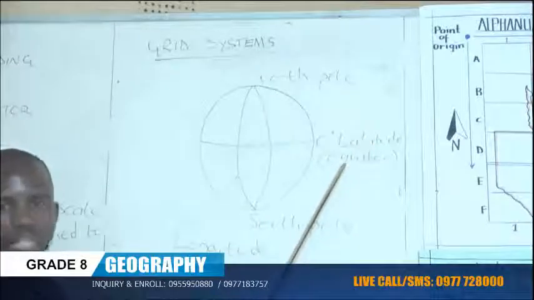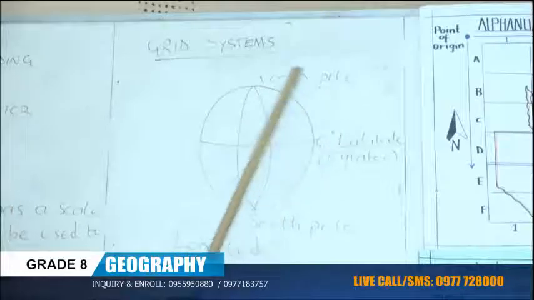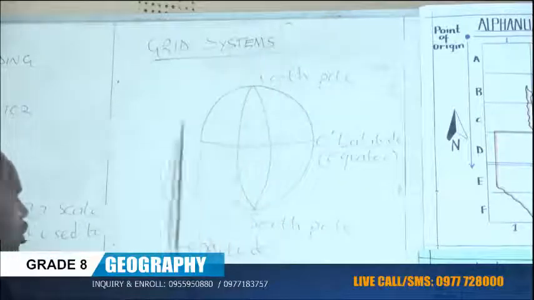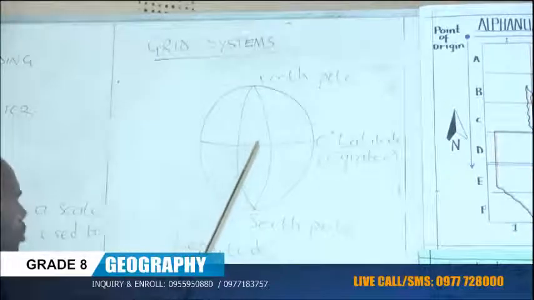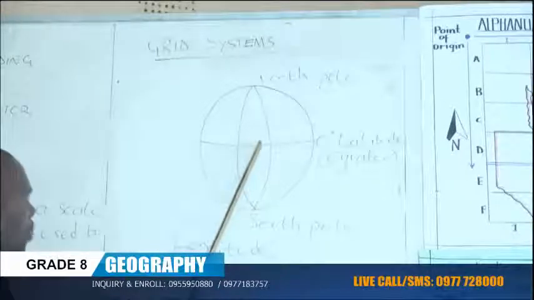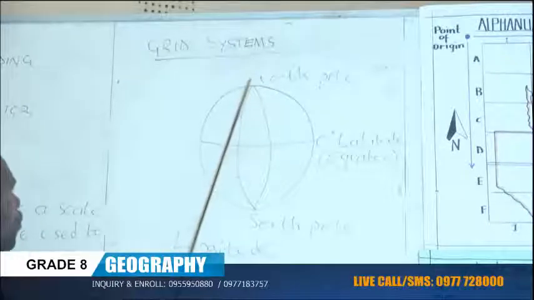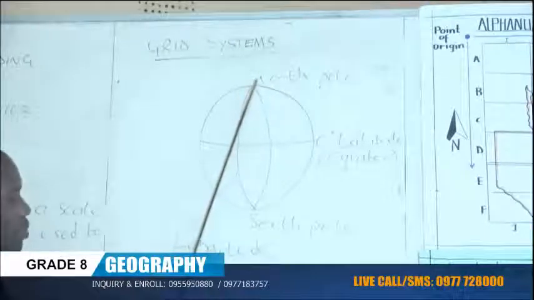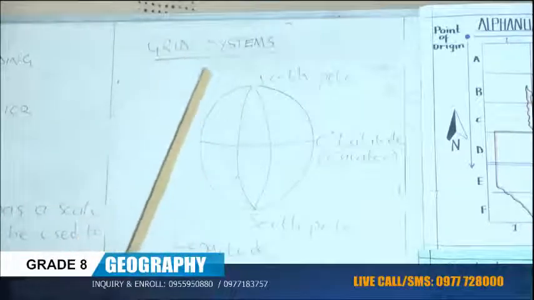It is called the equator, which is at the center of the globe or the entire world when we draw it. Now, if you move from this 0 degrees going to the north there, you will have reached 90 degrees north.